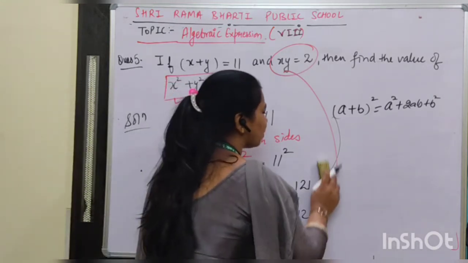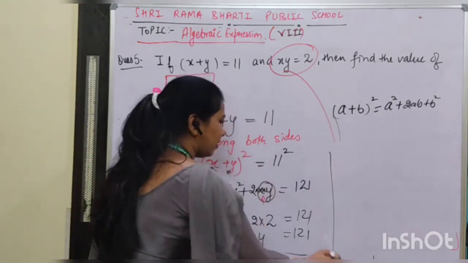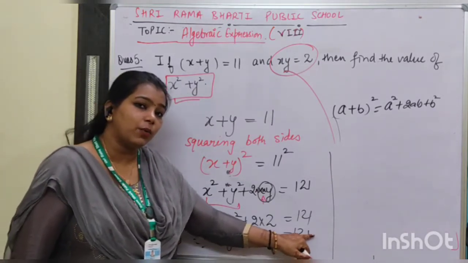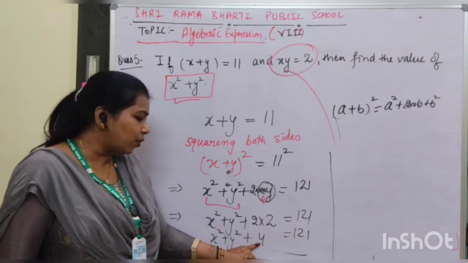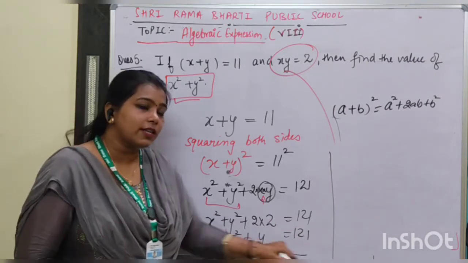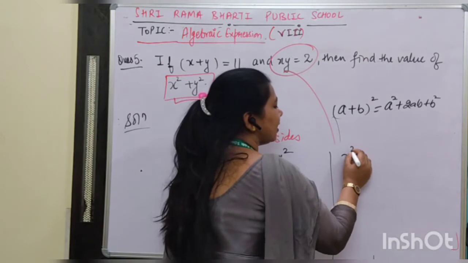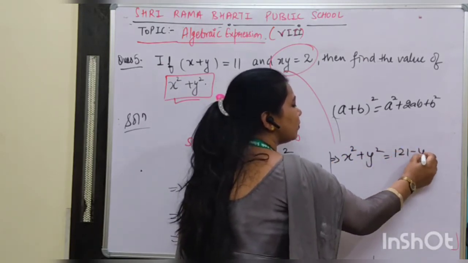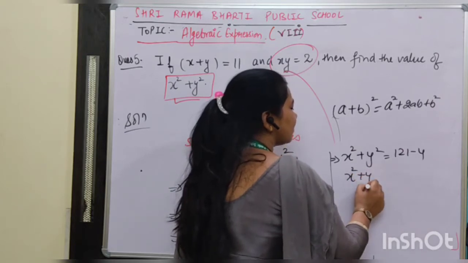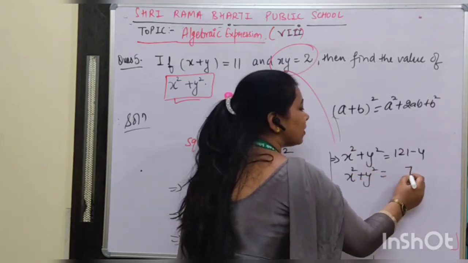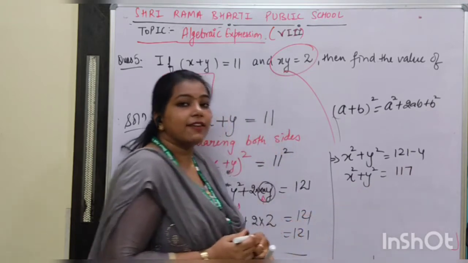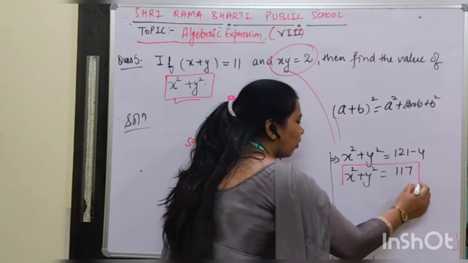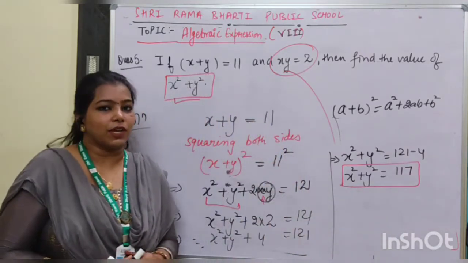Now after transposing, as you can see here, x square plus y square plus 4 equals 121. So we will transpose 4 from LHS to RHS. So in the LHS only this is left. So 121 minus 4 will give us 117. So this is the way we can find the value of the required expression.